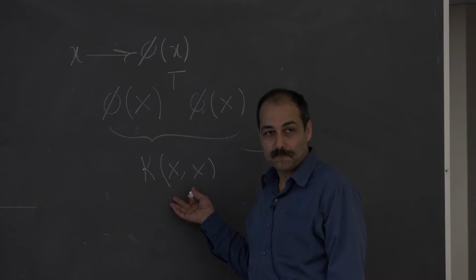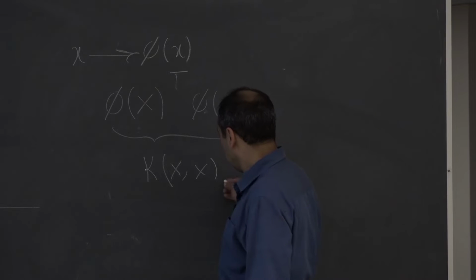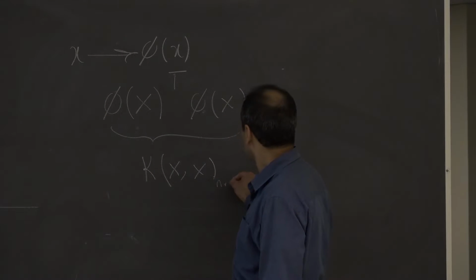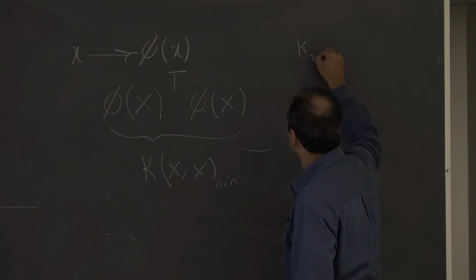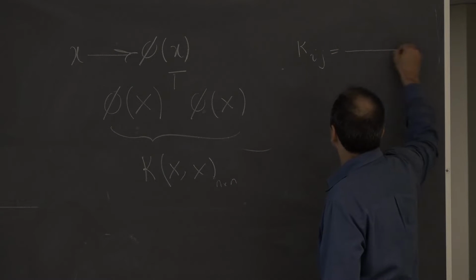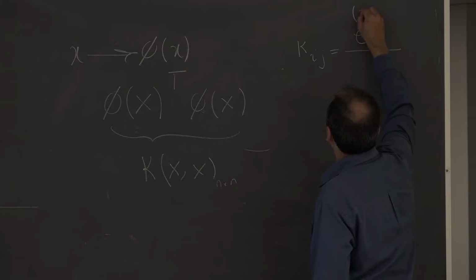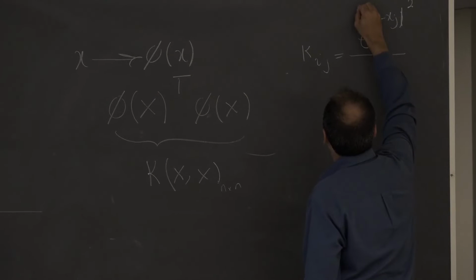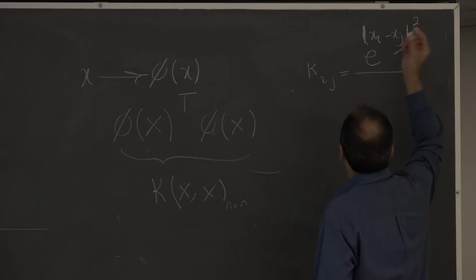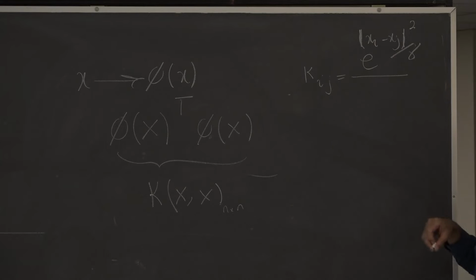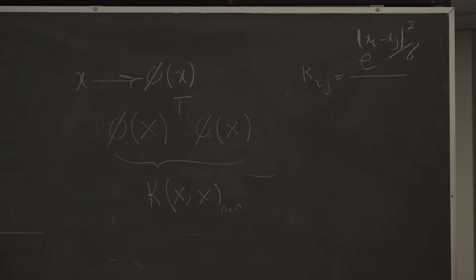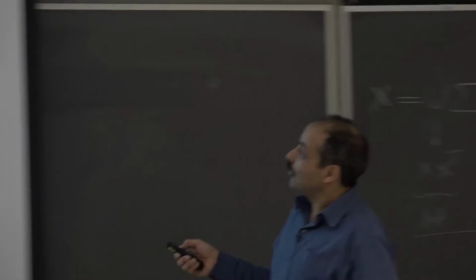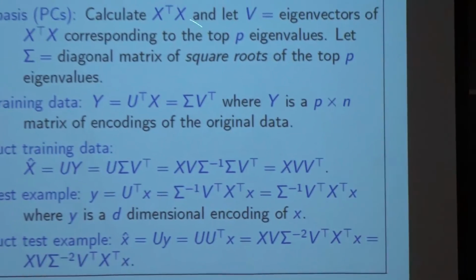For example, K_ij is just e to the power of minus x_i minus x_j squared divided by some parameter. So it is a similarity between 2 points. So here we can start with some kernel.